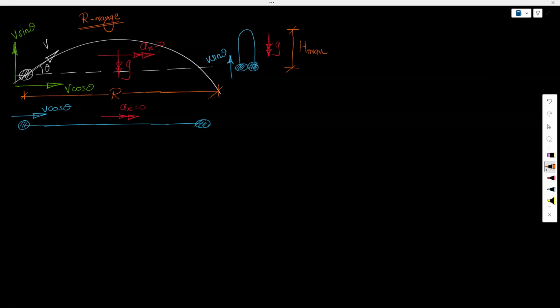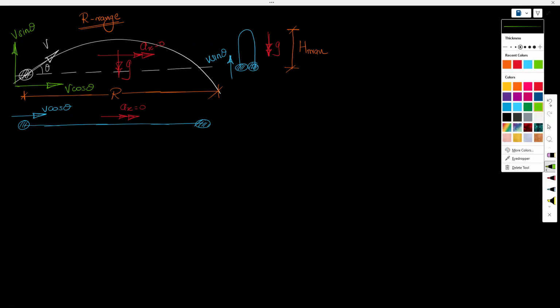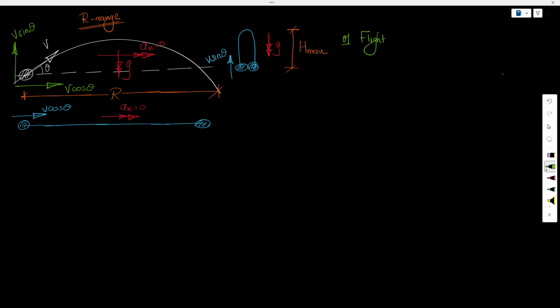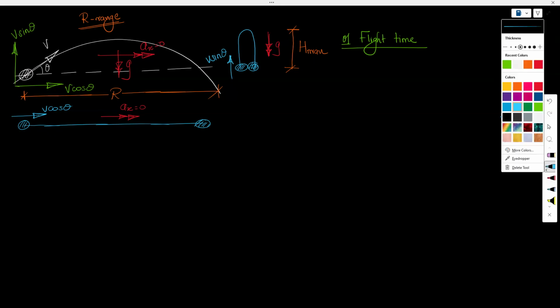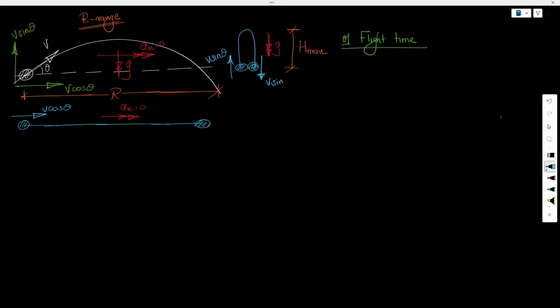First of all, I'm going to find the flight time. To calculate the flight time I'm going to use the vertical projection, because for the vertical projection I know the initial velocity, and from the previous examples we have done in kinematics, we know that the final velocity is going to be opposite to whatever we have initially, as long as they are at the same horizontal height level.